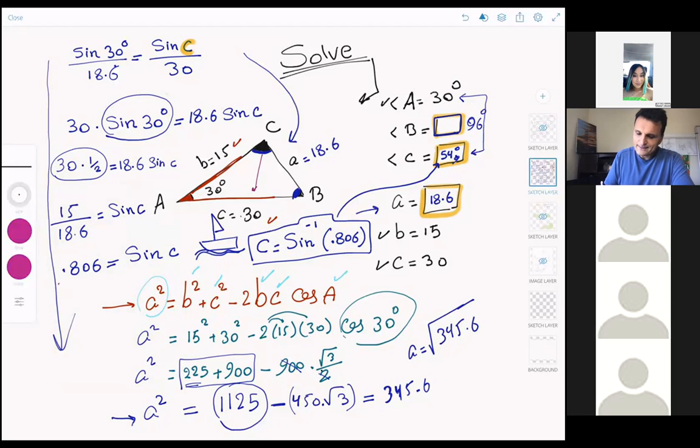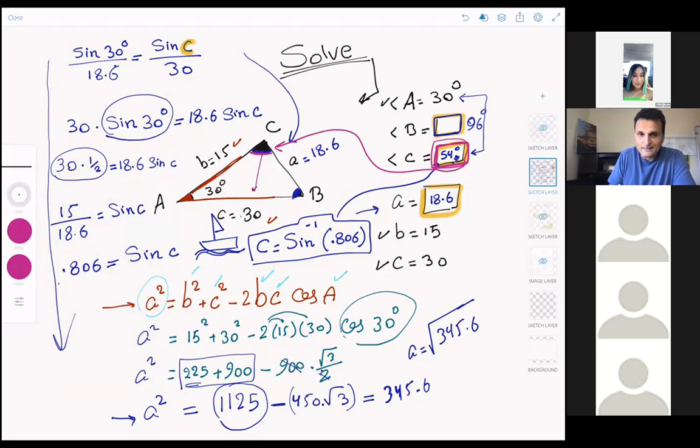We find C equal to 54. Correct, Yvette? Very good. Look at the C here. Does this look like 54 to you? No, I mean, this is more than 54.